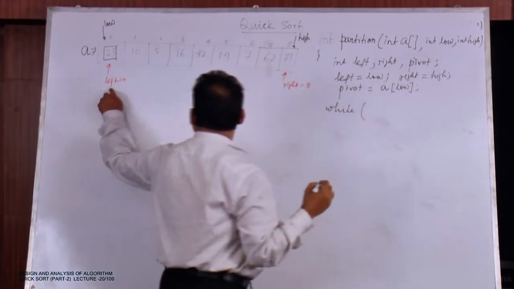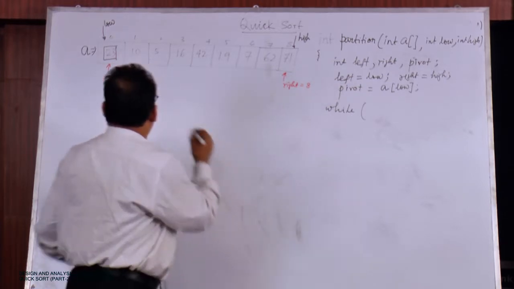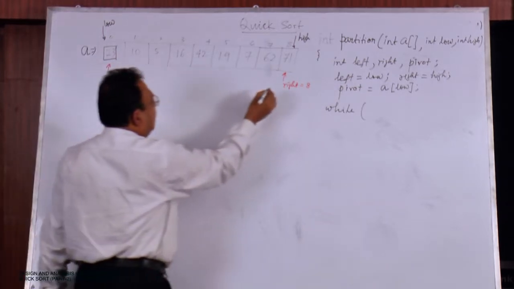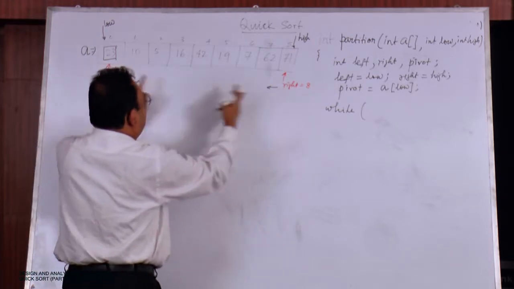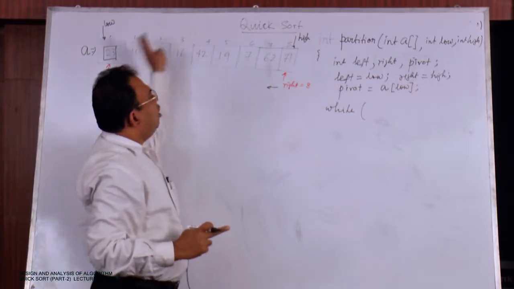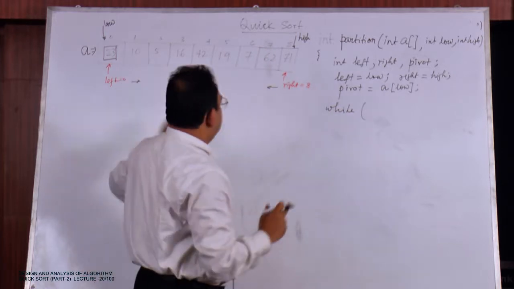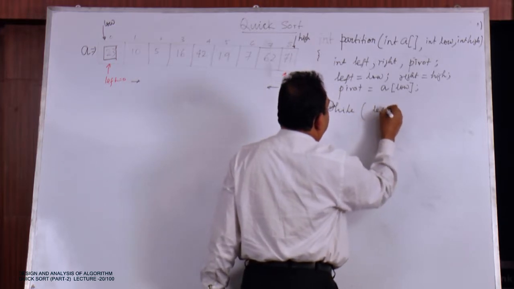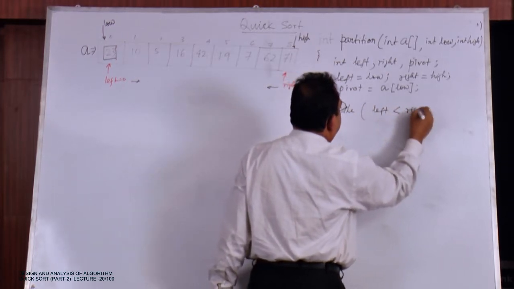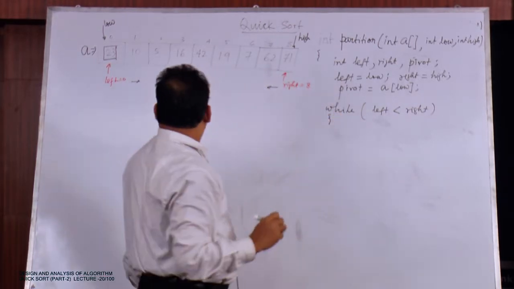How can we know that every element has been examined? Left will move towards right and right will move towards left, and if these 2 cross, that indicates all elements have been examined. So, our terminating condition is while left is less than right. As long as that holds, we will continue.